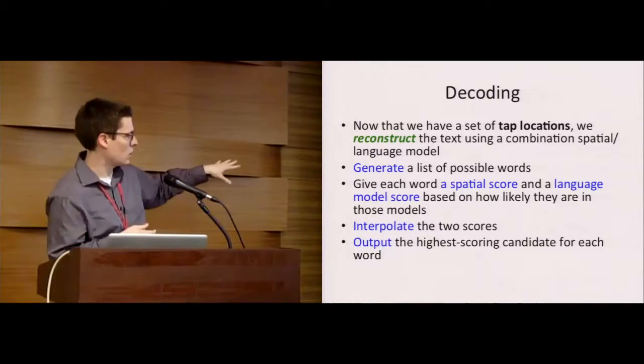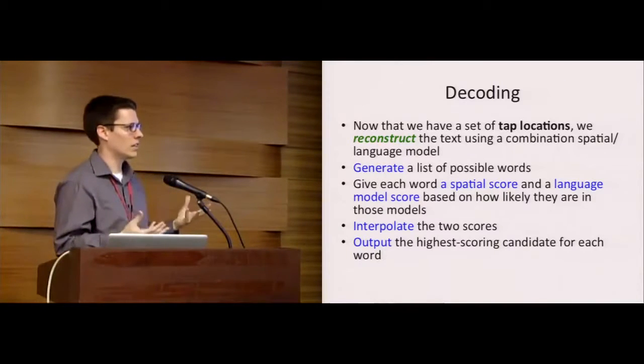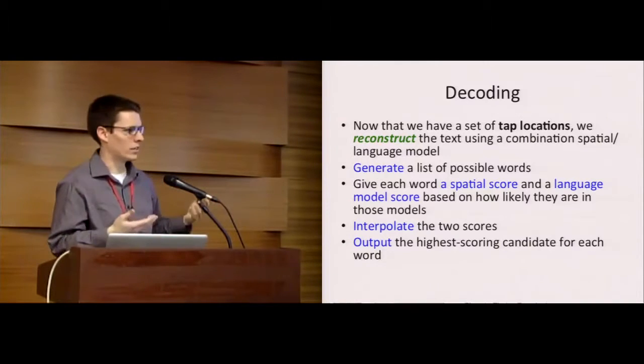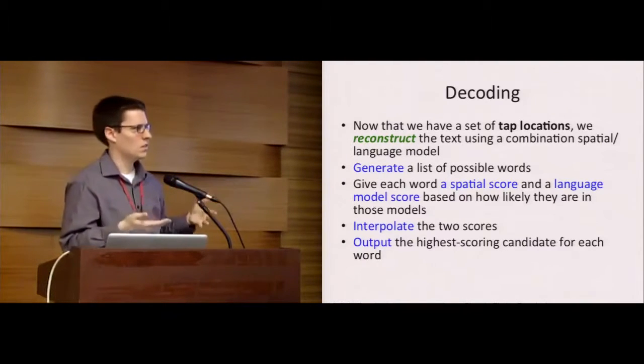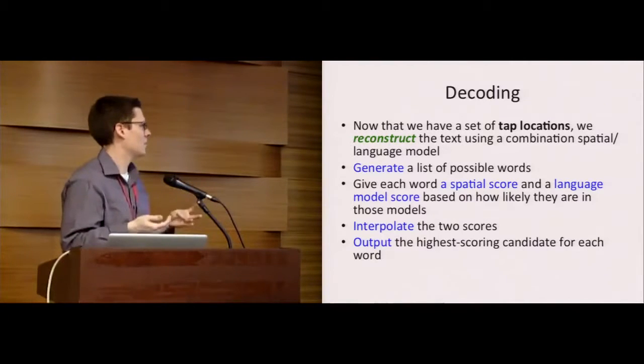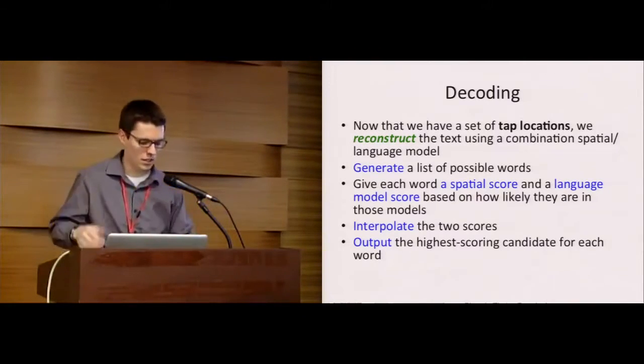And secondly, the language model can very quickly tell you what words are likely and unlikely given just the way language is. So the word "the" is going to be more likely than, insert random word here, how about falafel?